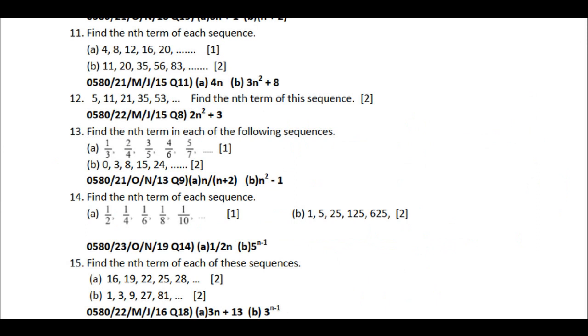Alright, the homework for today is the next 5 questions, 11 to 15. Let's quickly go over them. 4, 8, 12, 16 and 10, 16, 20 is simply first level common difference, so you should be able to do this. This is a quadratic sequence, so you need to remember what we did yesterday.